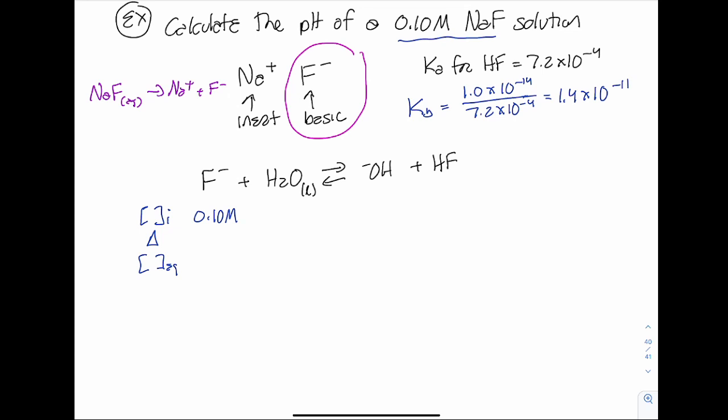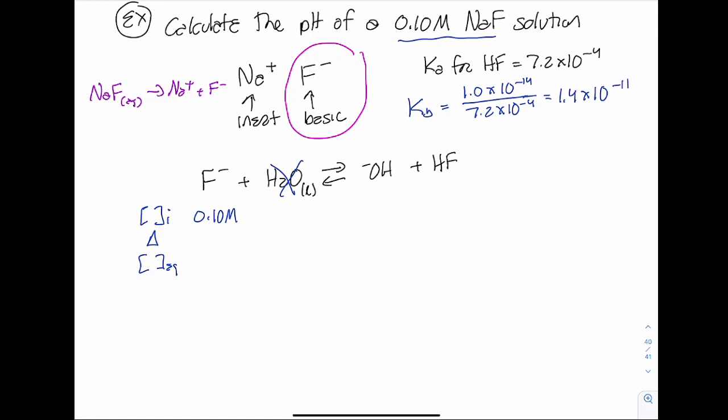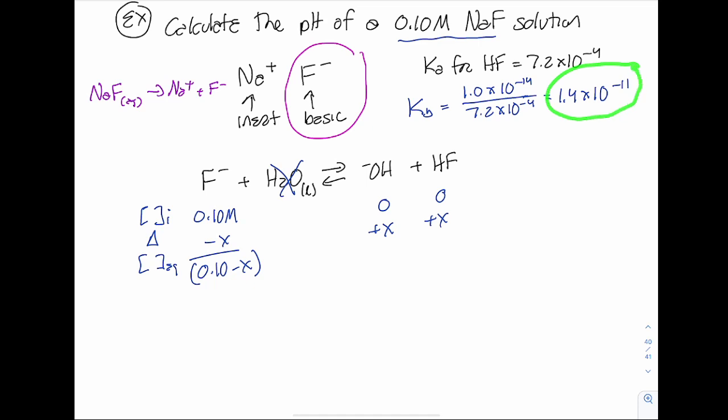But again, make sure it's a 1-to-1 relationship when you make that comparison. And then in our normal ice table, we lose some unknown amount. I'm going to write 0.10 minus x, but when I set it into my expression to solve for x, I am going to ignore that minus x because my Kb is small.